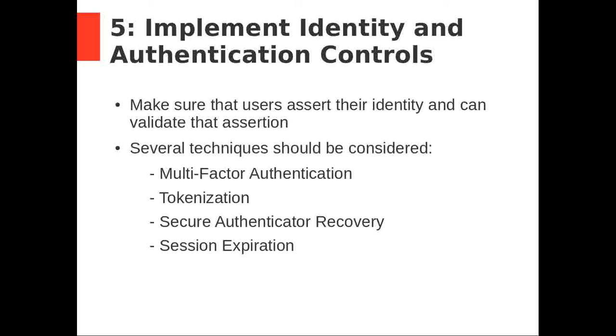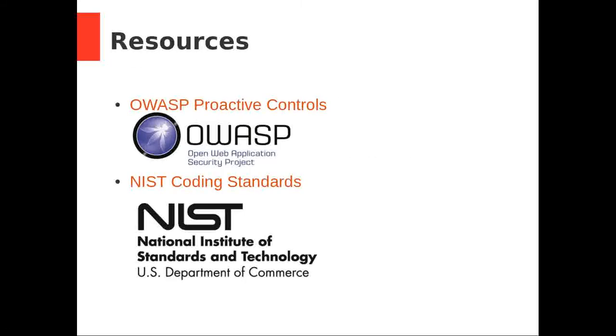Secure authenticator recovery: when a user inevitably loses their authenticator, such as forgetting their password, they may need a way to get it back that won't risk the compromise of the account. Session expiration: systems should create new and unique sessions when users log in for the first time in order to minimize the amount of time that sessions are open, reducing the time that an attacker can hijack a session.